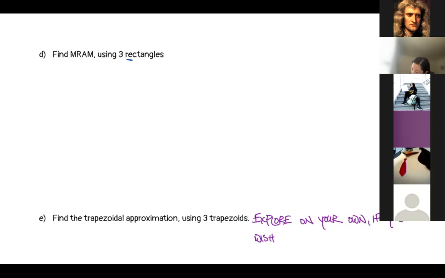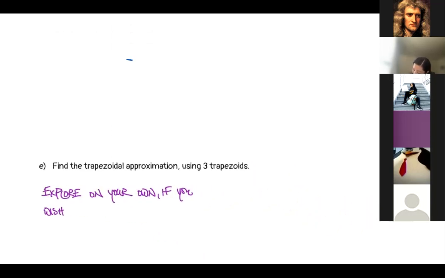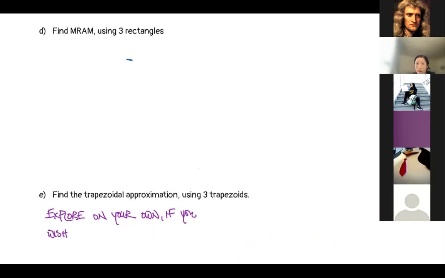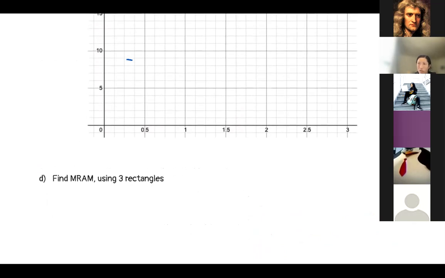Okay, but you do not have to look at that trapezoidal approximation. Okay, so I'll make that modification. I think one of the quiz questions has a trapezoidal approximation. You don't need to do that one.